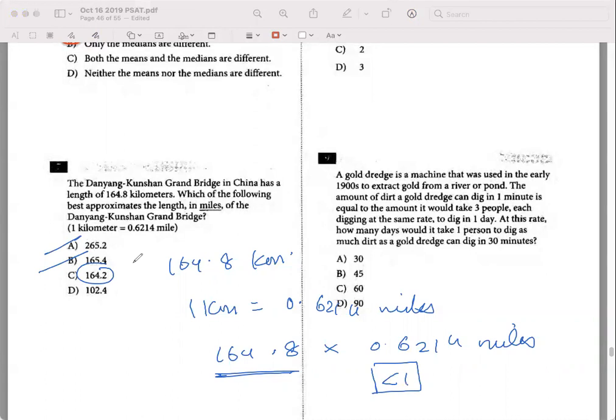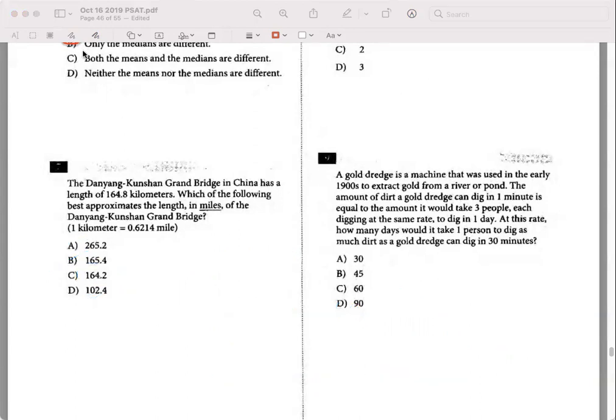So the best answer is option D, which is less than 164.8. If I had to do half of this, that would be 82, so it's a little greater than 82, which is expected because I'm multiplying by 0.6. So my answer here is option D.